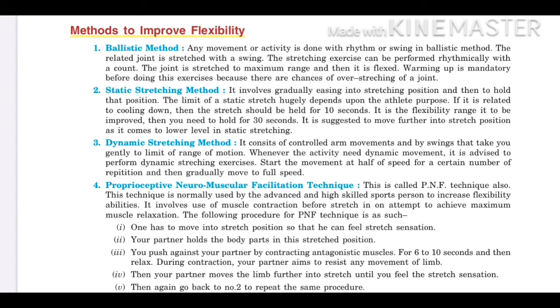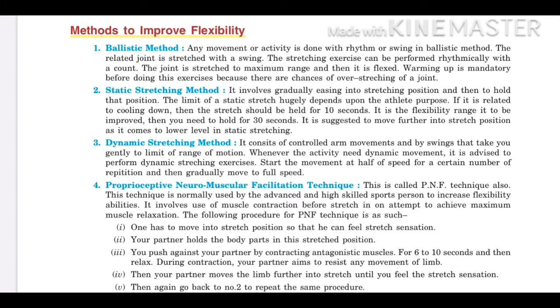This dynamic method uses the momentum generated from repeated bouncing movements to stretch the muscles. Although it is very effective, most experts do not recommend this method because it may overstretch the muscles and can cause muscle soreness or injuries.